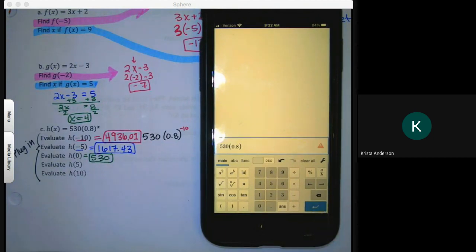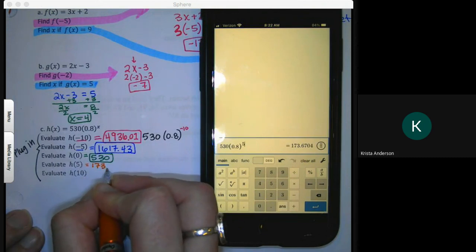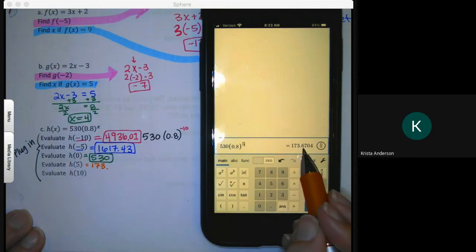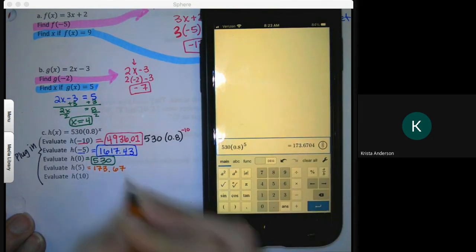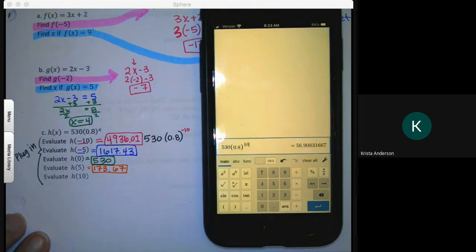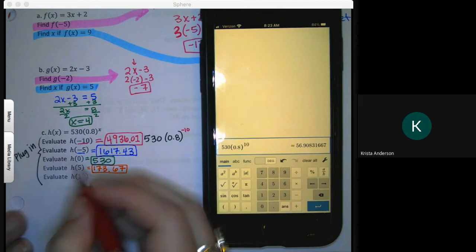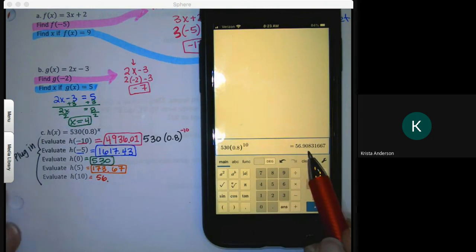Delete. What do I plug in now? 5. Plug the 5 in. There's a 0 behind the 6, 7, which means 6, 7 will not be rounded up. It'll just stay how it is. I'm going to delete and plug a 10 in, which gives me 56 point. What would 90 change to if there's an 8 after it? 91.